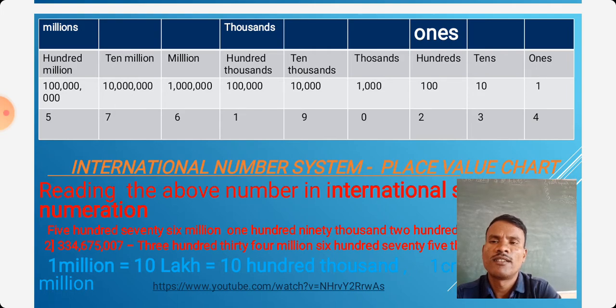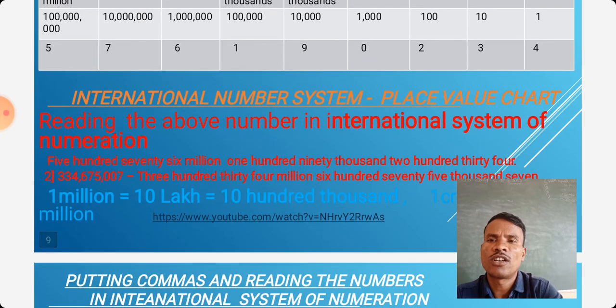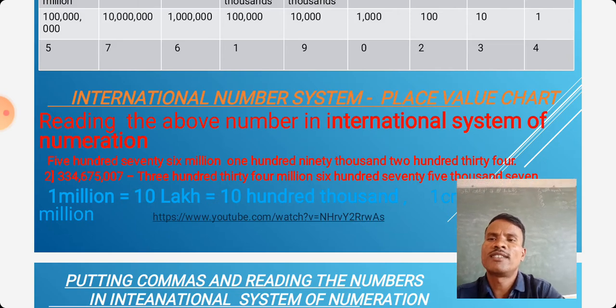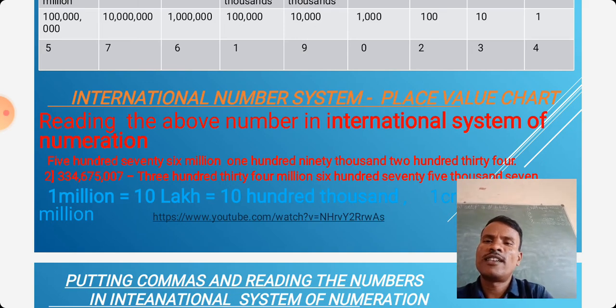Okay. Here, how to read and how to put commas for a number in the international system. First one, reading the above number in the international system of numeration. That is 576,190,234.